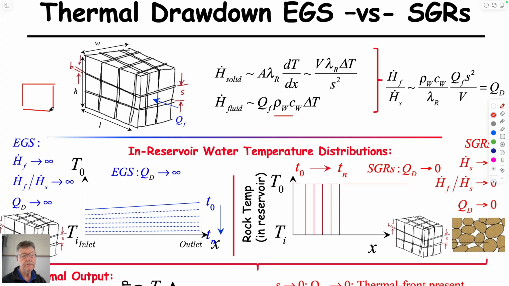So if you have this kind of broken orthogonal fracture set with spacing of fractures on the sides, you could imagine that the heat transfer out of that system to the edge is delta T, which would be the temperature around the block versus the temperature in the core, and the distance which it has to travel, which is half of the spacing in this particular case, but that doesn't matter.